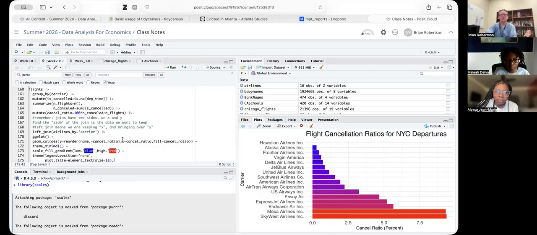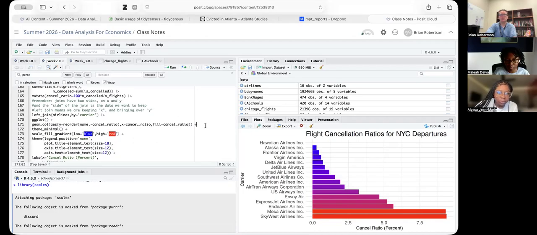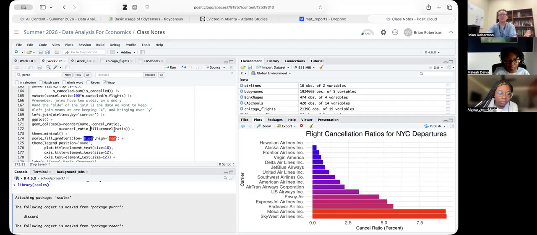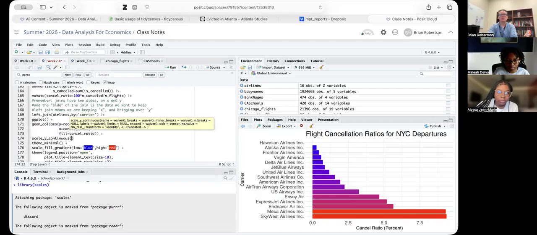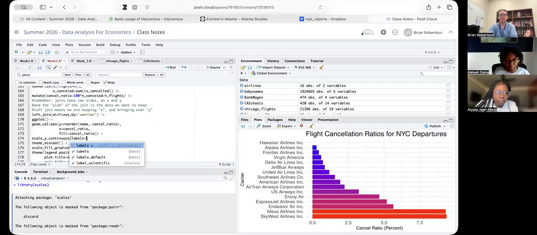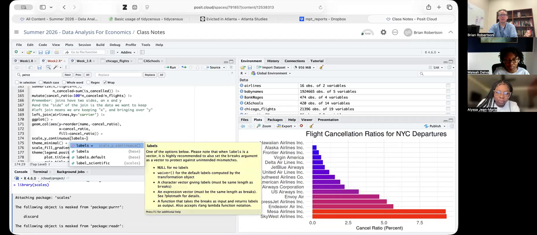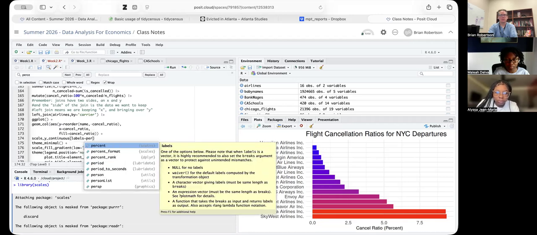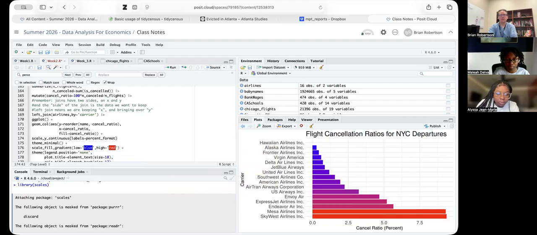One thing that I can do, where do I want to put this in here? And actually, let's go ahead and do some good coding practices in honor of Malia's good looking code. I can do scale_y_continuous, and I can do labels equals percent_format, and I can add a scale.